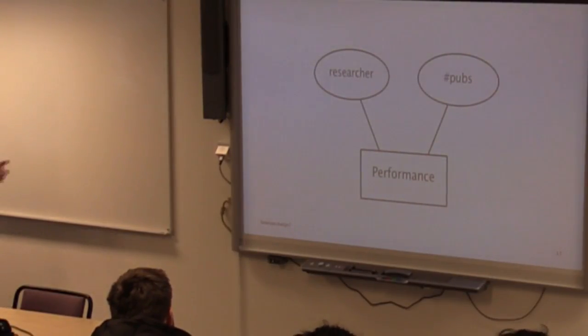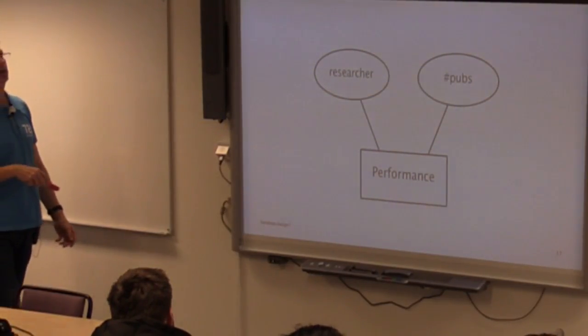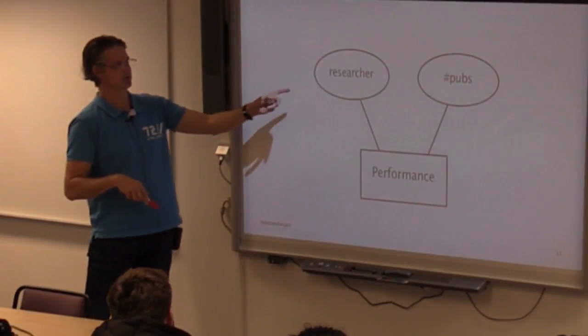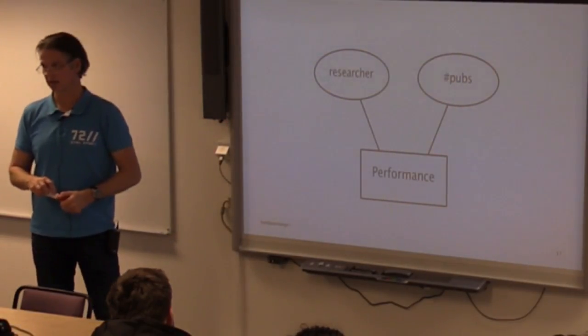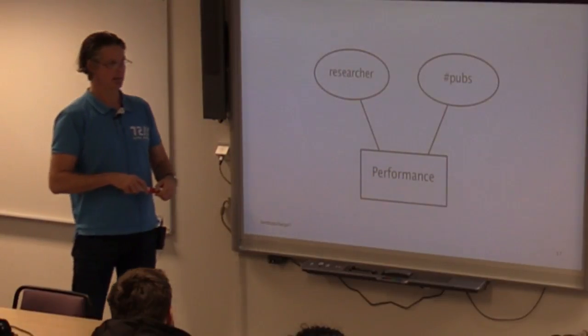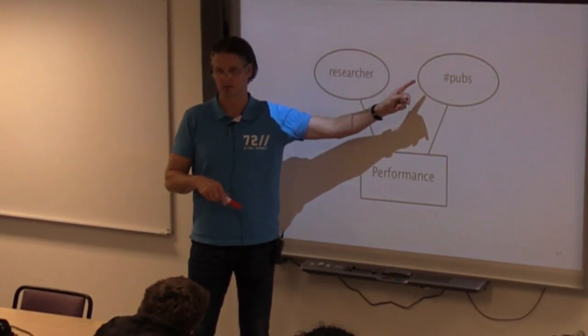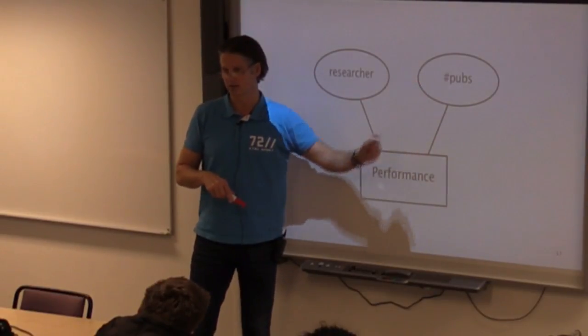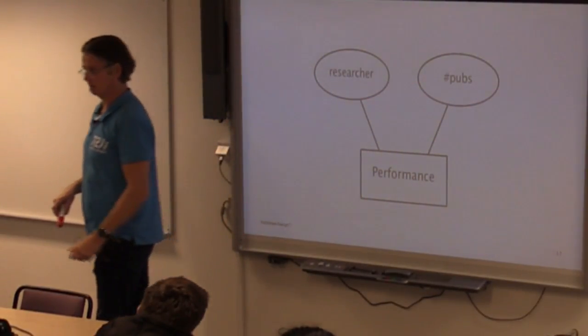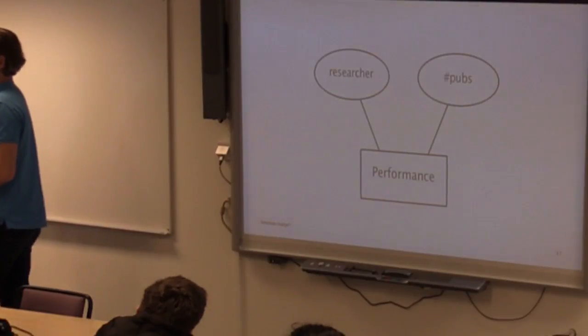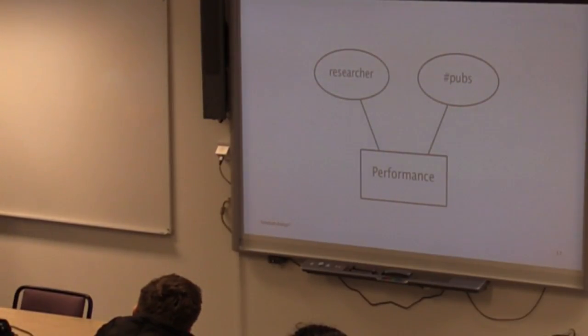So if we are talking about performance here instead, then you have a researcher that is to be graded somehow, and it also has probably a paper. So that might be the identity of that published paper. Can you see that that's the sort of a connection here?